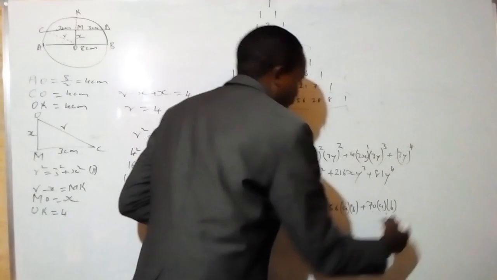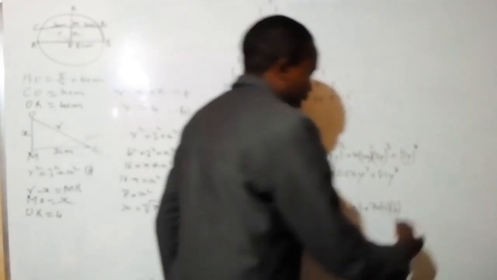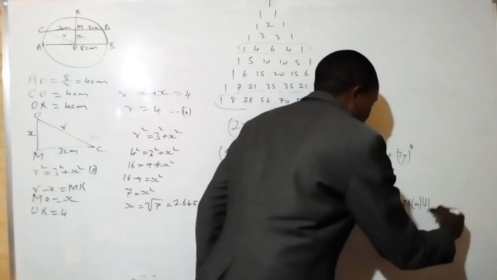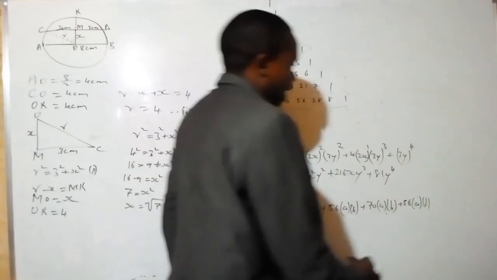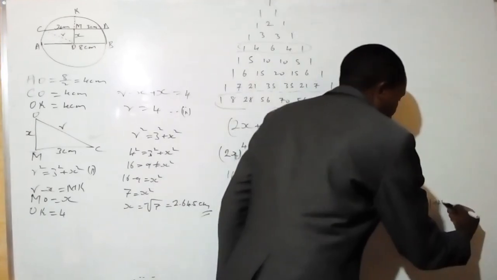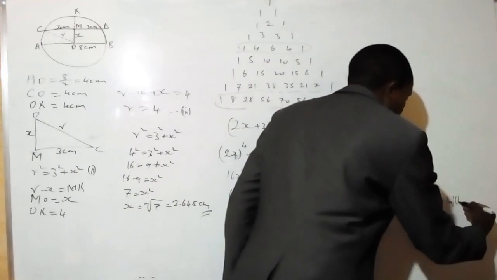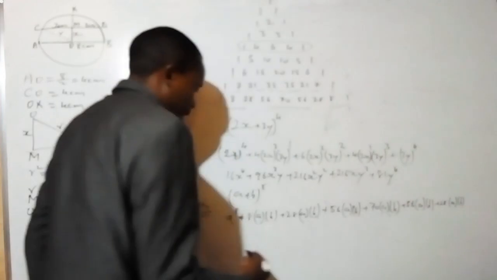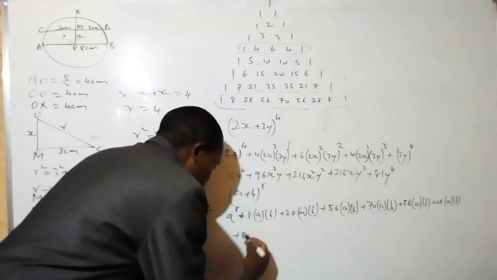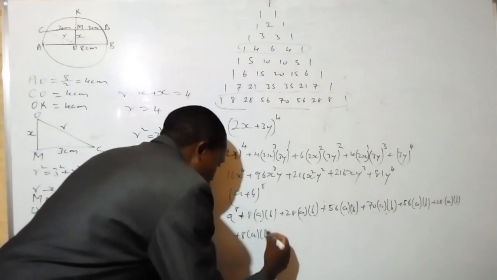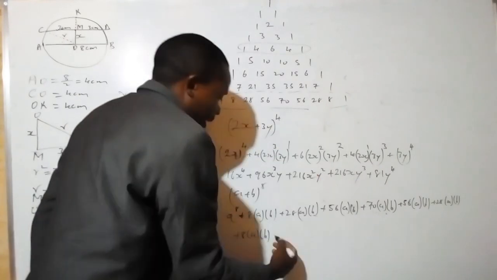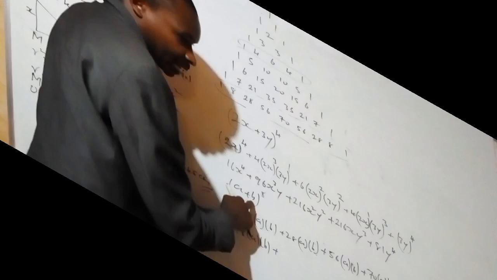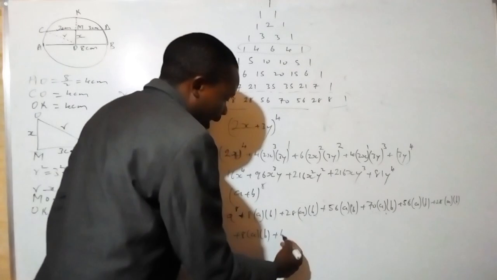Next is 56, plus 56 a, b, plus 28 a, b, plus 8 a, b, and finally 1. This one we are not going to write 1. You take the last value, which is b, again to the highest power, which is 8.